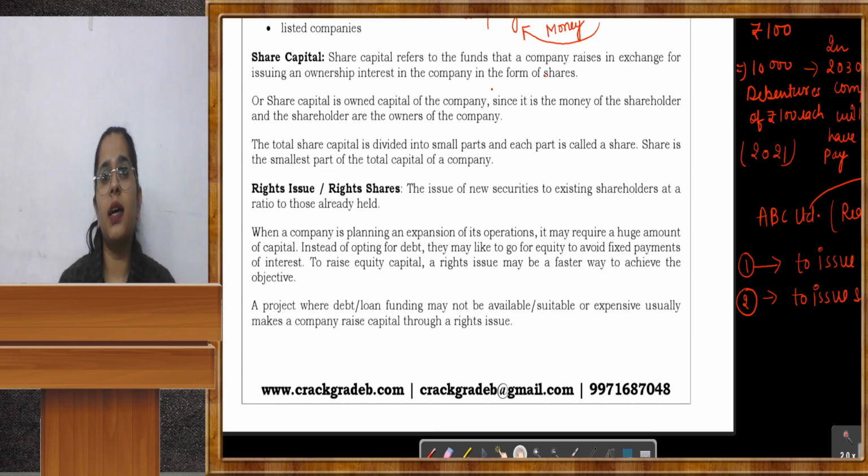So in that case, the company can raise funds through a rights issue. A rights issue means, as I have already told you, that shares are issued to existing shareholders. In that case, the company gives a right to its existing shareholders to purchase shares from the company.